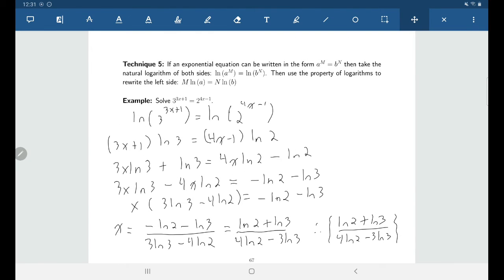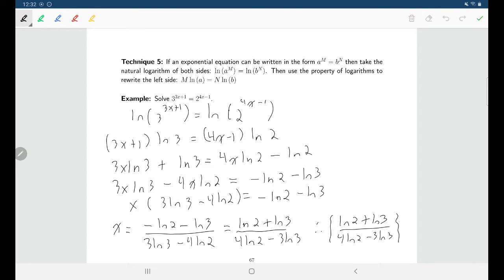I will say, though, while we're here, that that answer could be written in a bunch of different ways. I'm not expecting anybody to do this, but you could, for example, combine the two terms in the numerator: natural log of 2 plus natural log of 3 is natural log of 2 times 3, so the numerator could be rewritten as natural log of 6. Same thing with the numbers in front on the bottom.